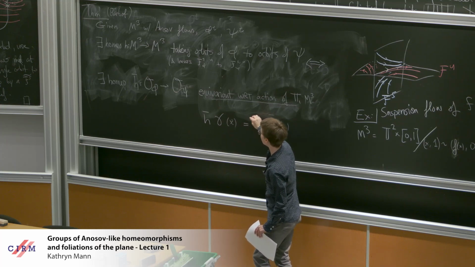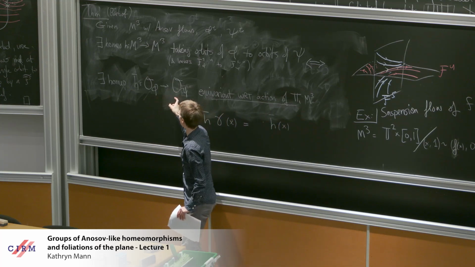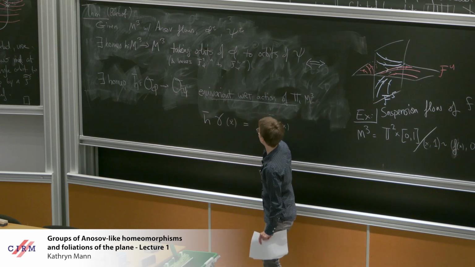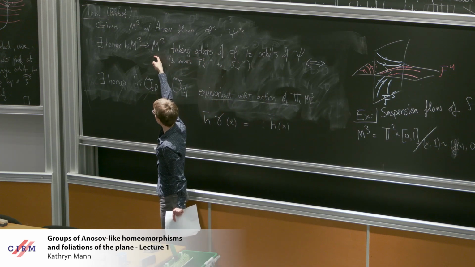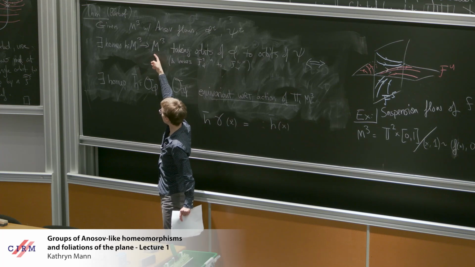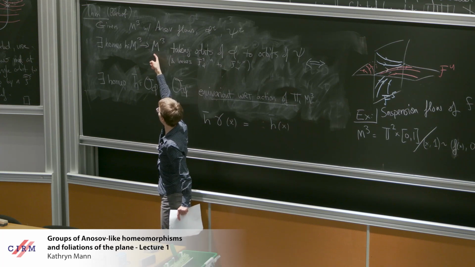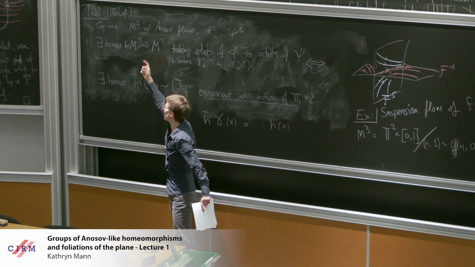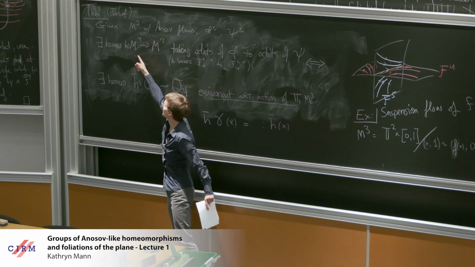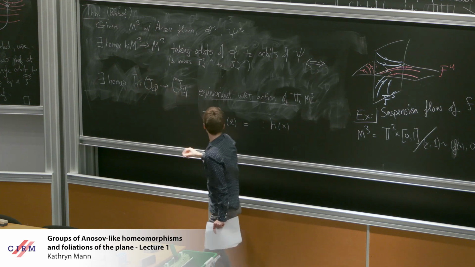I need an identification of how pi 1 acts on the orbit space. For instance, if you start with one of these homeomorphisms, if it's not isotopic to the identity, there's going to be some weird identification, coming from the isotopy class, of pi 1 of the three-manifold acting here to pi 1 acting there.